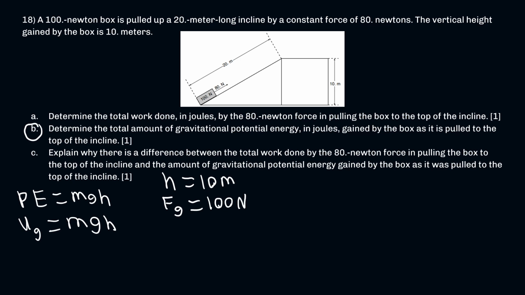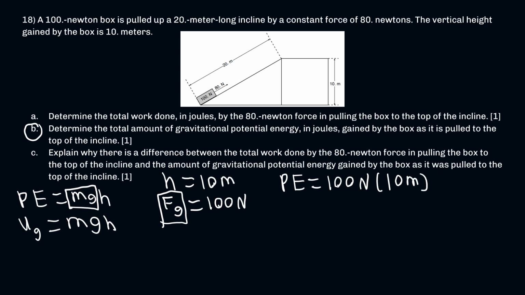So what you have to do here is figure out that my 100 newtons, this Fg, is the same thing as mass times gravity. So I'm just going to plug into the equation my Fg times my height. With PE equals mgh, the mass times gravity is that 100 newtons, times the height, which is 10 meters.